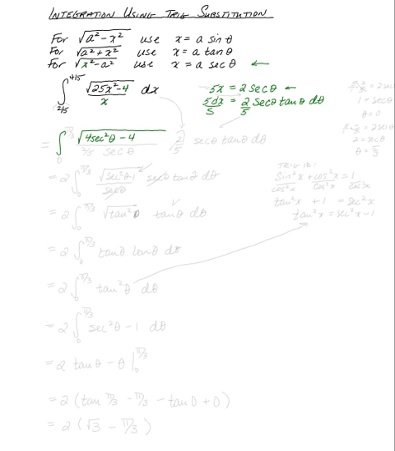And in the denominator I would have x, which I've got to divide by 5 here, so I'd have 2/5 secant of theta. And then I replace the dx with 2/5 secant of theta, tangent of theta, d theta. Now notice I have this 2/5 in the denominator and a 2/5 in the numerator, so we'll just cross those out because they cancel.